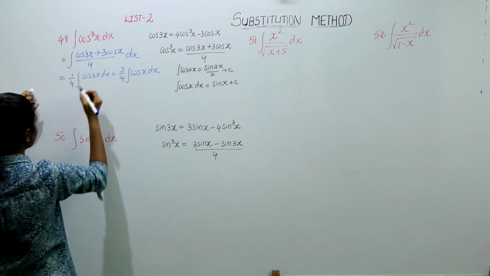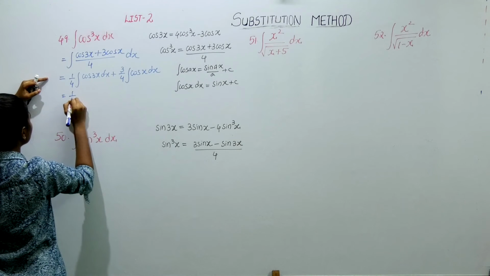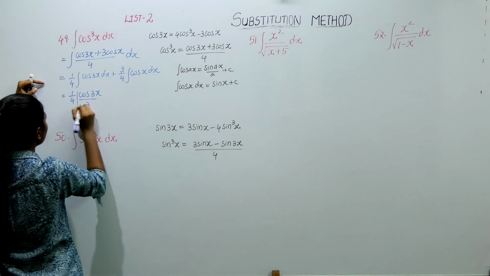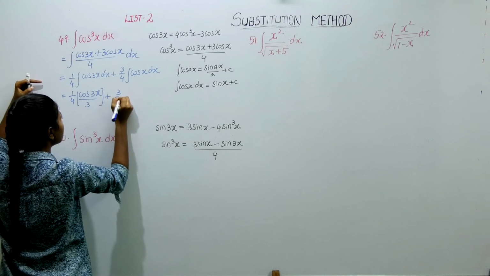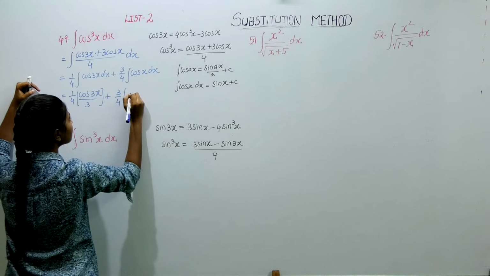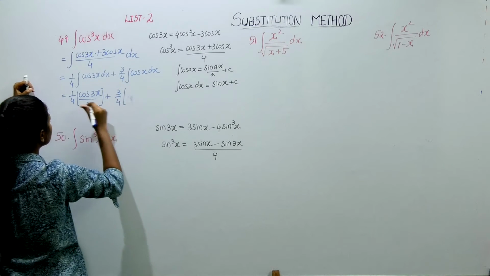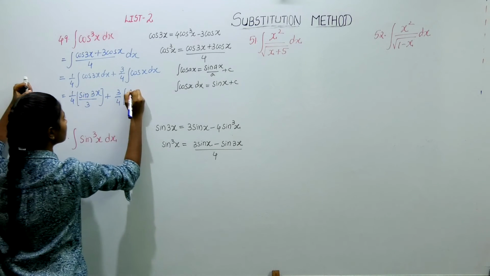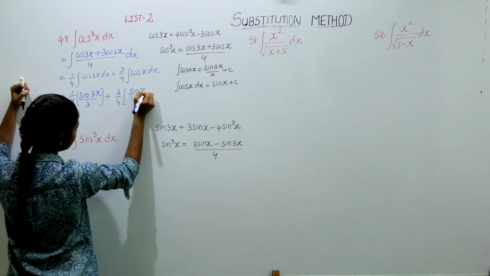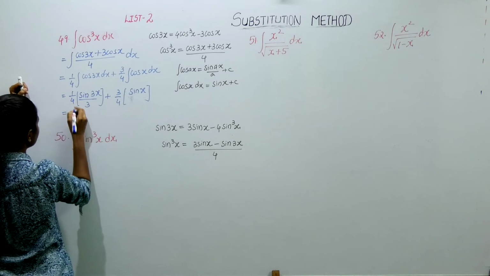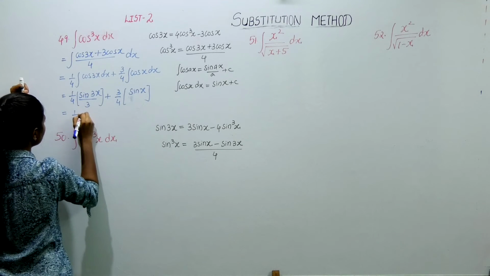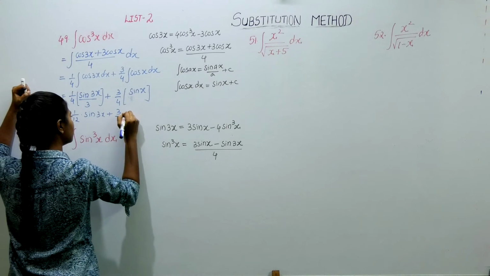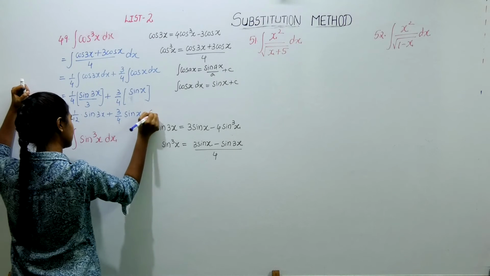When we substitute the formula, 1 by 4 times sin 3x by 3, plus 3 by 4 times integral cos x, which is sin x. Finally, 4 times 3 is 12, so 1 by 12 into sin 3x plus 3 by 4 into sin x plus c.